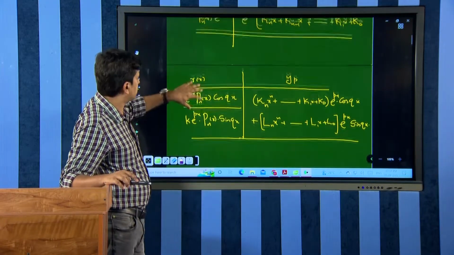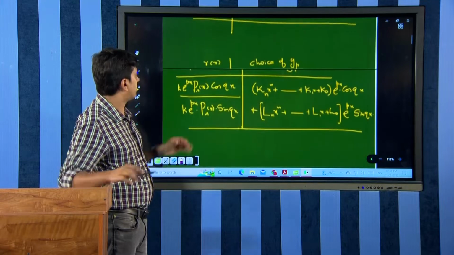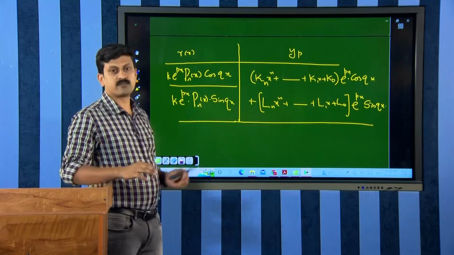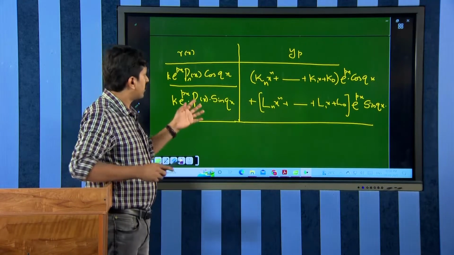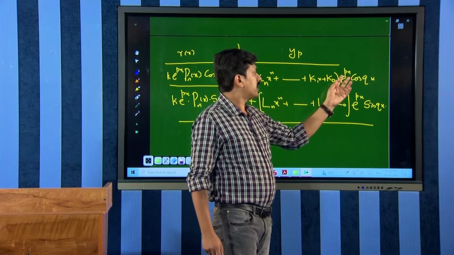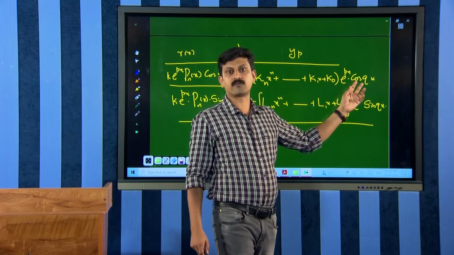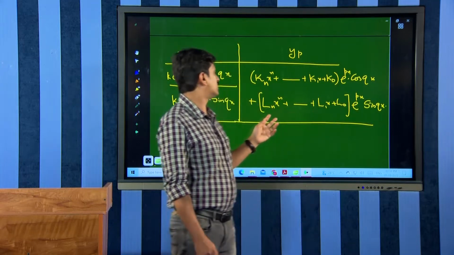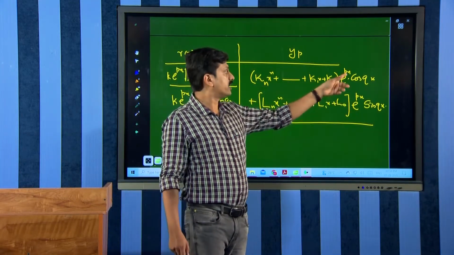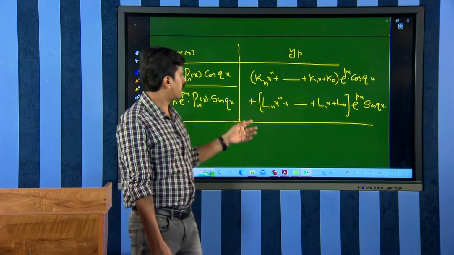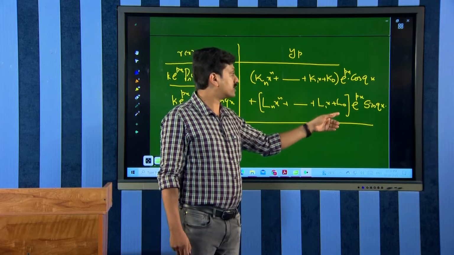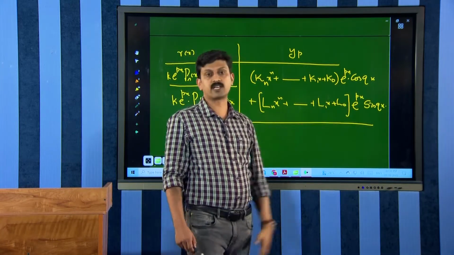Finally, r of x may be the product of an exponential function, a polynomial function and a trigonometric function. Then, as before, the choice is kn x raised to n plus etc. plus k1 x plus k naught, into e raised to px into cos qx, plus ln x raised to n plus etc. plus l1 x plus L naught, into e raised to px into sin qx.